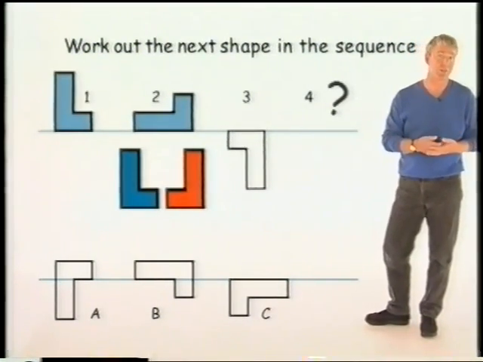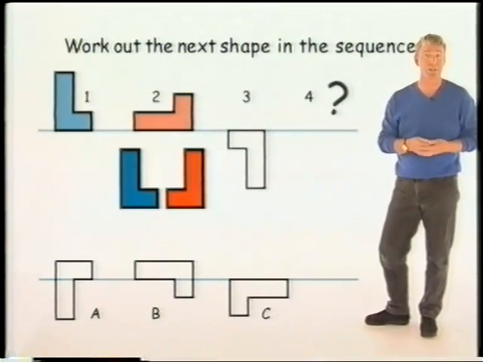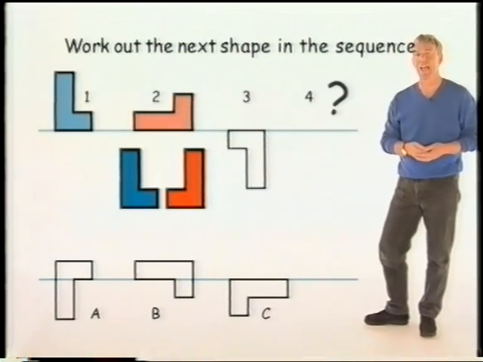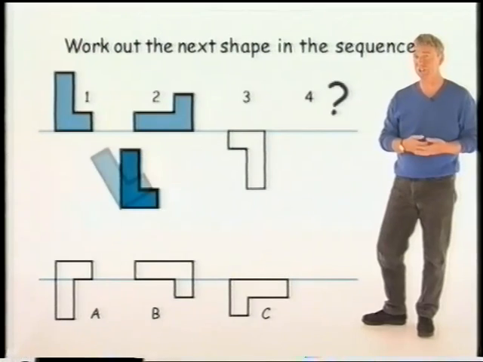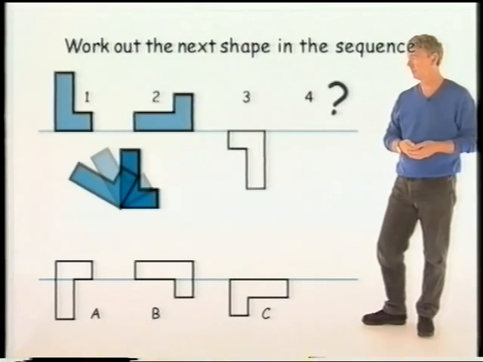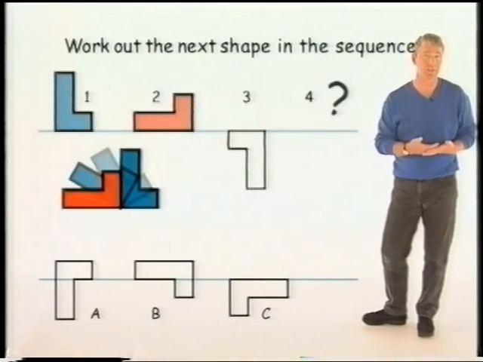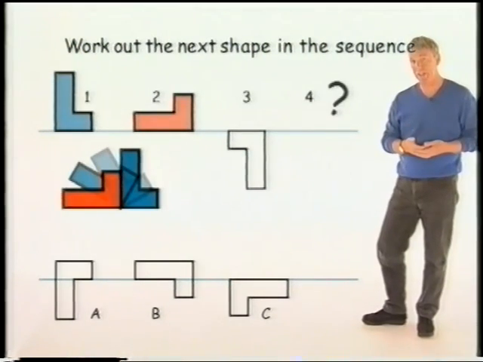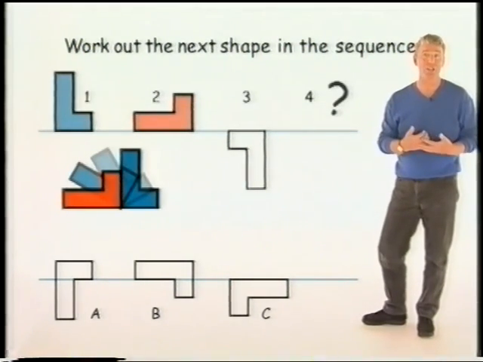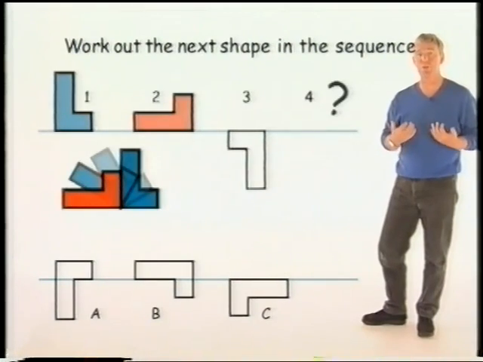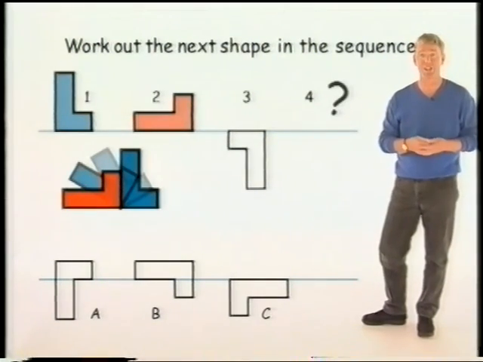No, it's not a reflection because the two shapes still don't match. Let's try a rotation. Yes, it's a rotation. To change from position 1 to position 2, the L shape rotates through one right angle in an anti-clockwise direction.